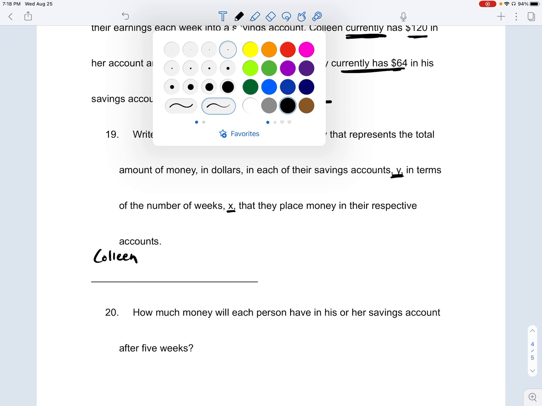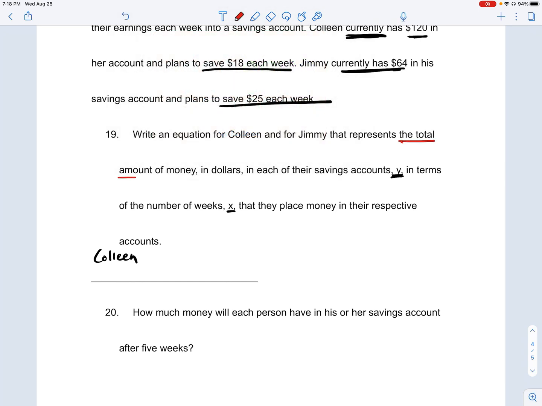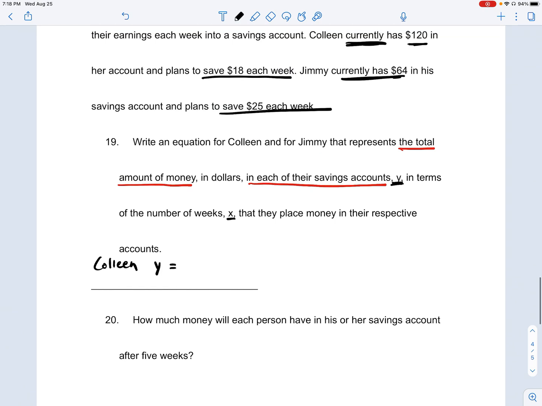the total amount of money in dollars that are in her savings account would be represented by Y is equal to. Now, because she already has $120, that's her initial amount. So you just need to add $120 to whatever she's going to receive after saving $18 each week.